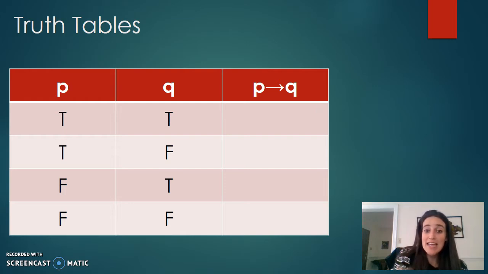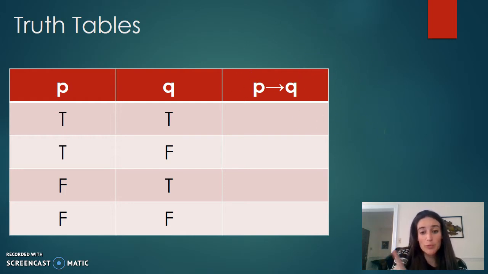So in this case, when the if part is false, we call the statement vacuously true. We can't conclude anything from a false statement, so we can't say that it's false. And if it's not false, then it must be true. There's only 2 options. So I know that's a little tricky.